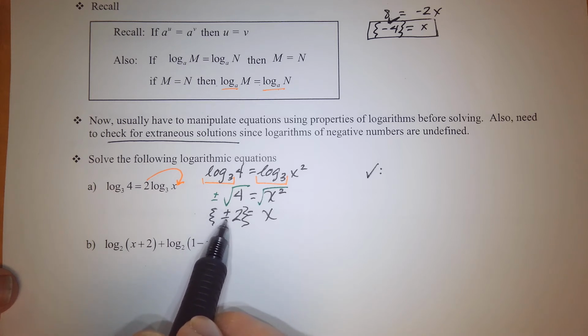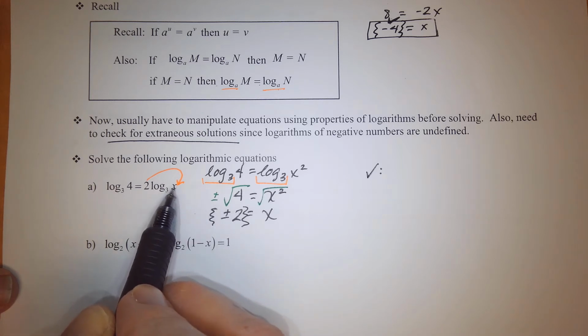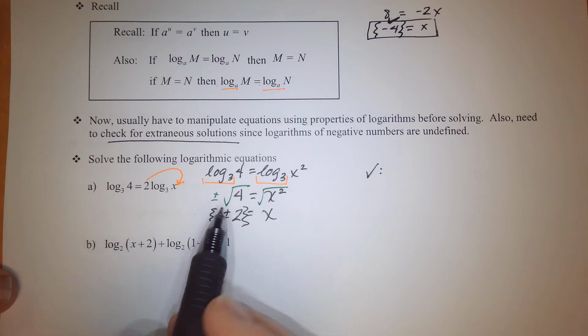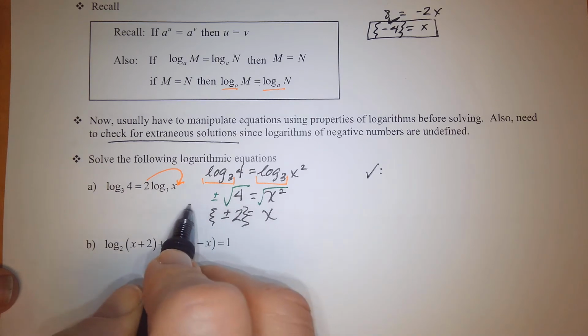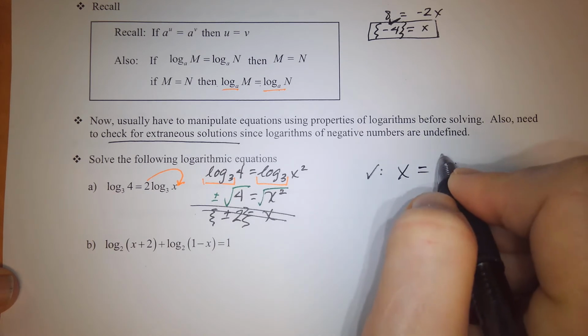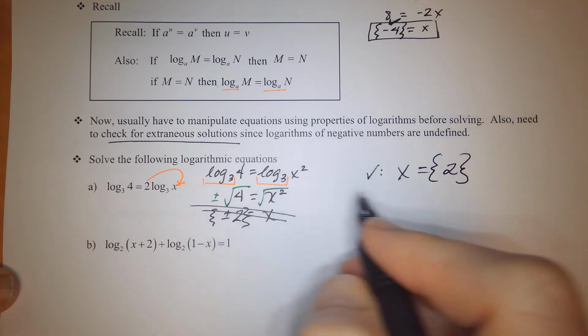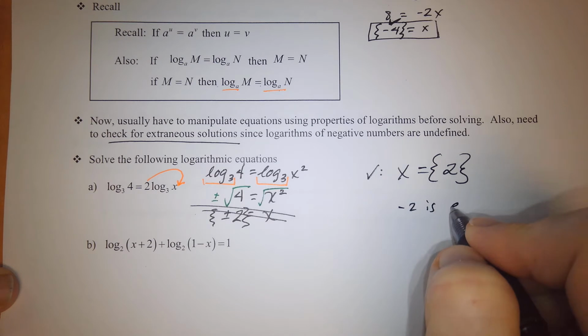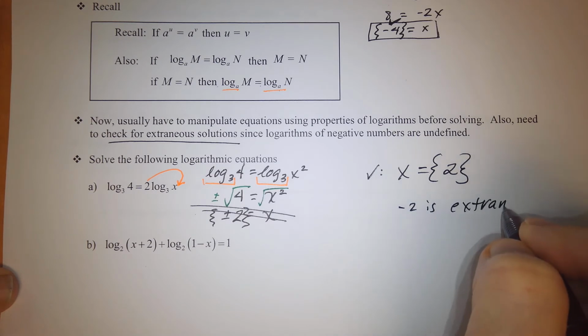However, when I put negative 2 in for x, I get negative 2 for the argument, which is a negative number, and we cannot have negatives in the argument field. So negative 2 actually is not a solution. The only number that checks out is 2. Negative 2 is extraneous.